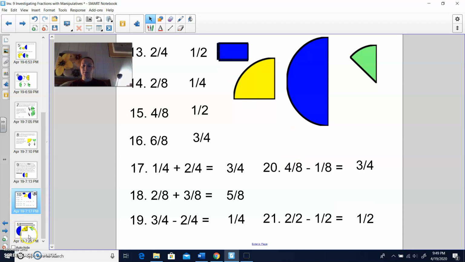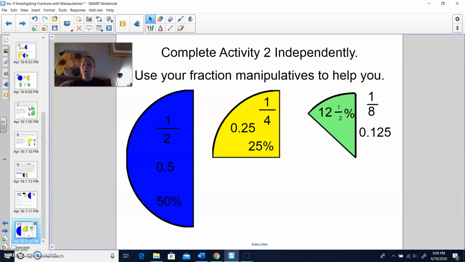Okay, your job for the next part is to go and do activity 2 on your own. You can just use a homework page to complete it or a notebook, whichever, and then just email your answers. For activity 2, you're going to use your fraction manipulative pages. And on those pieces, you should see something that looks like this.